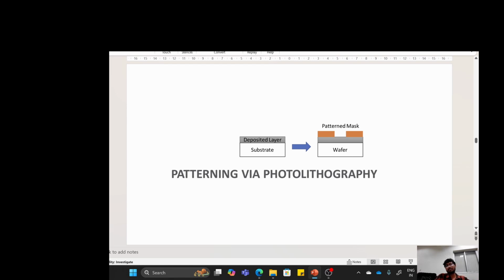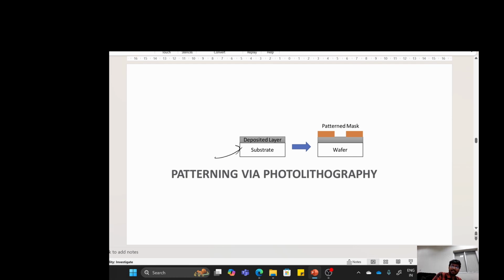And now comes patterning via photolithography. Now you have deposited the layer, but you want to make the devices, so you need to pattern the deposited layer. There are two types of lithography: one is direct writing and the other is indirect writing.